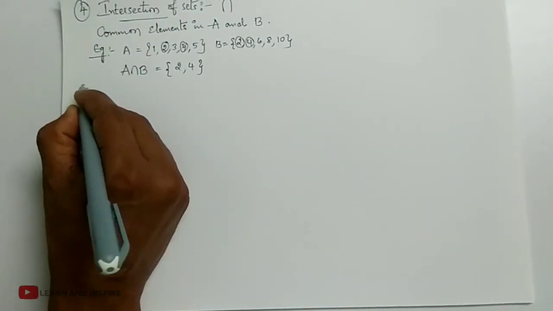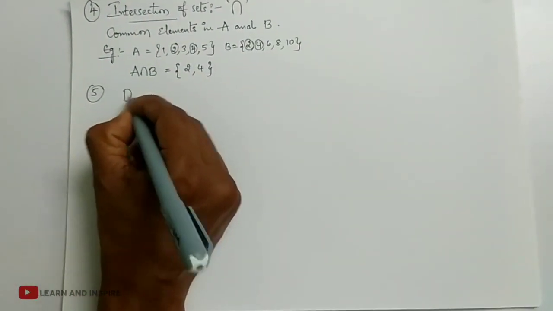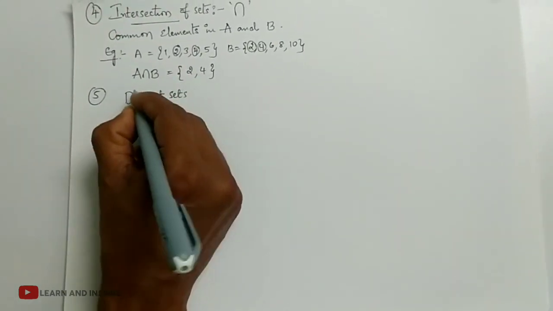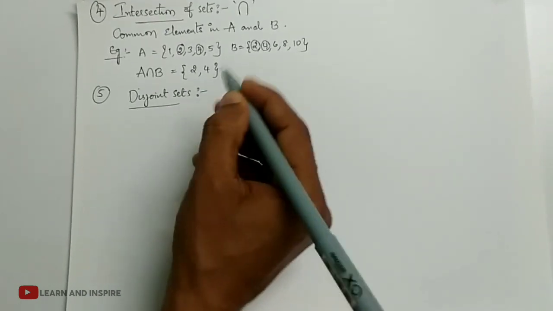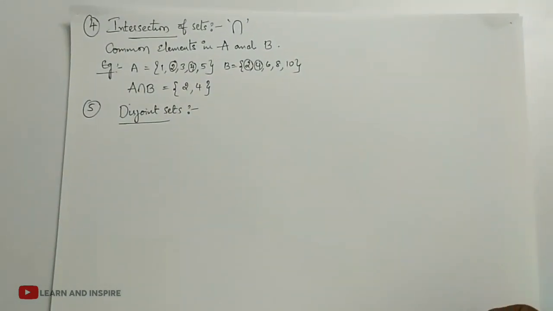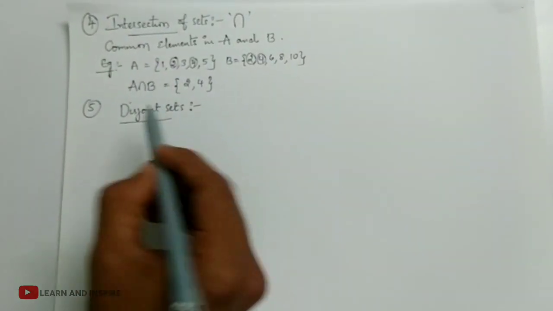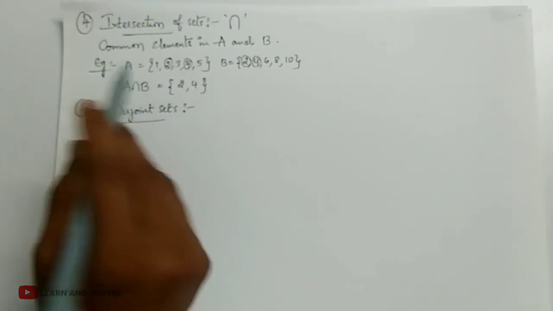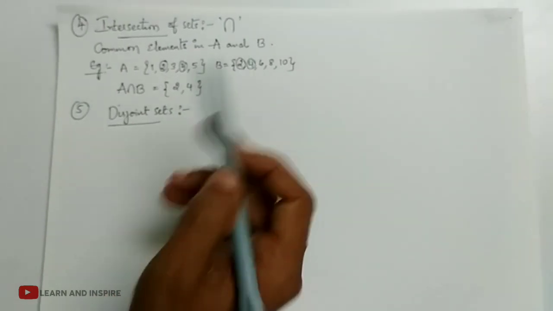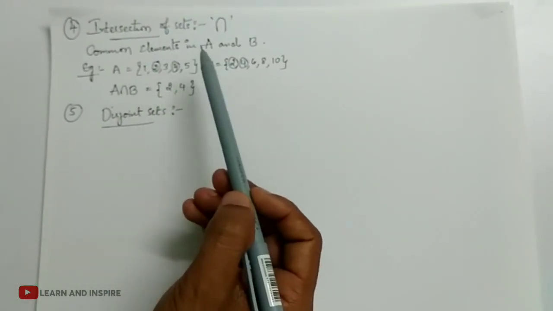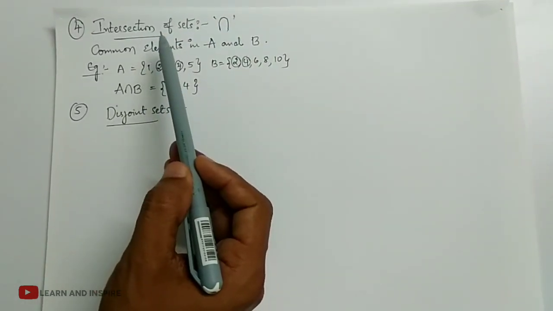Now let us see the fifth type, that is disjoint set. So what are these disjoint sets? Intersection of sets is nothing but common elements in set A and set B. So disjoint sets are nothing but no common elements in set A and set B. Okay, understood? Common elements in set A and set B are called the intersection of sets.